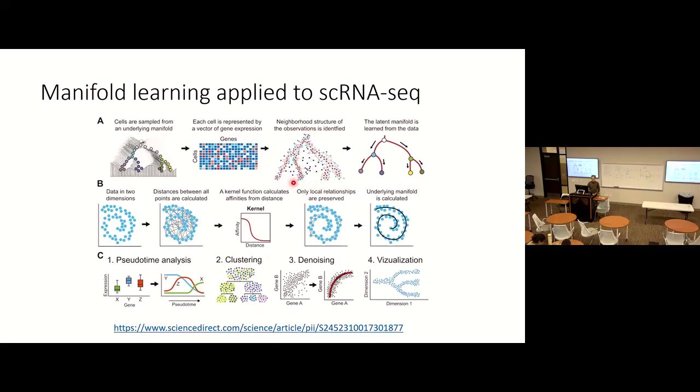Something looks like this, if you compute the distance and put the cells in a 2D space. So this is a complex shape, and the cells do not follow a simple linear layout.